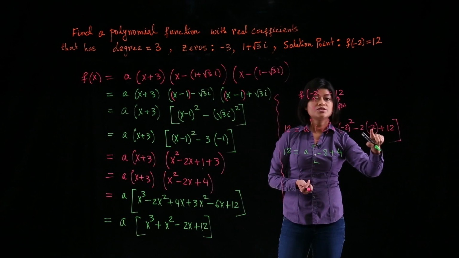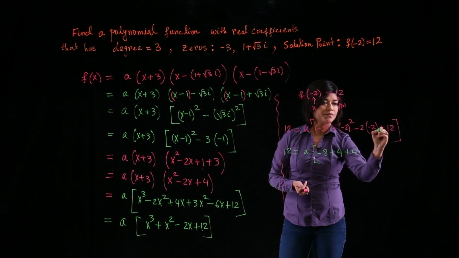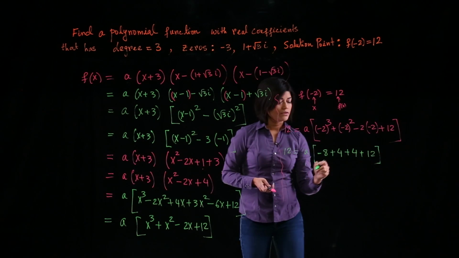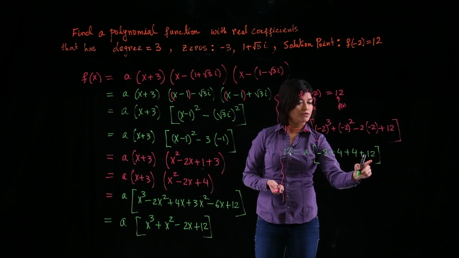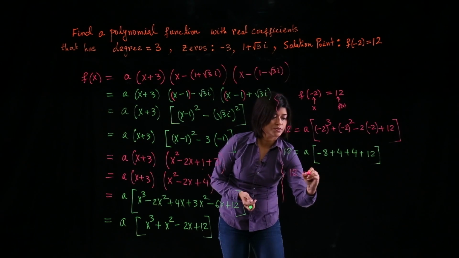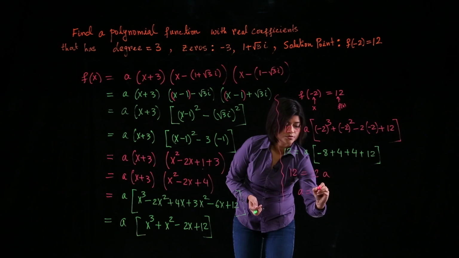Next term, negative 2 times negative 2 is positive 4, and the last one, plus 12. So 4 plus 4 is 8, minus 8 is 0, plus 12 is 12. So we get 12 is equal to 12a, which means a is equal to 1.